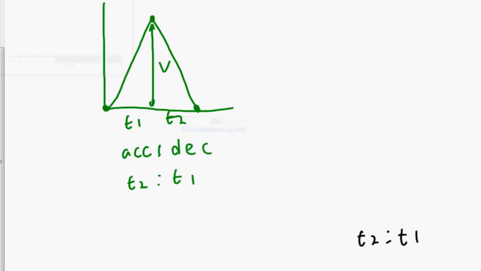Now, what we know is that the ratio of t2 to t1 is the same as the ratio of acceleration to deceleration, so it's going to be A is to B. I have t2 to t1 written down.